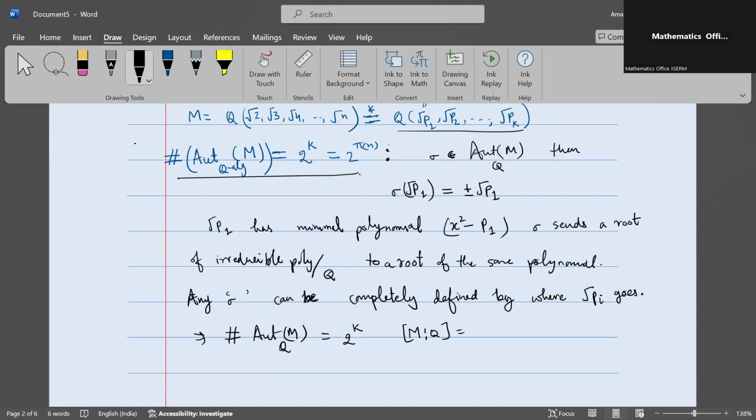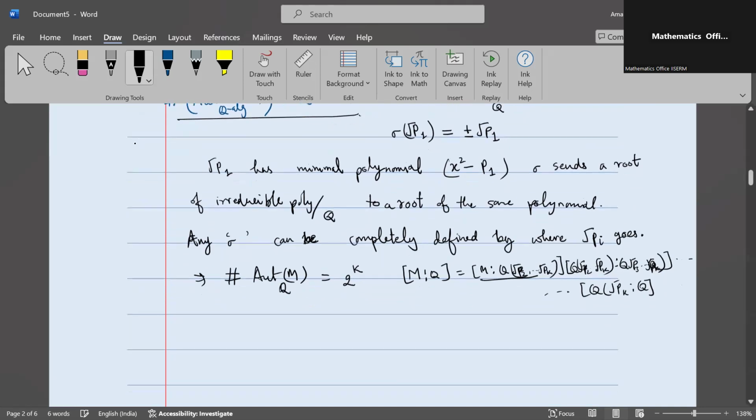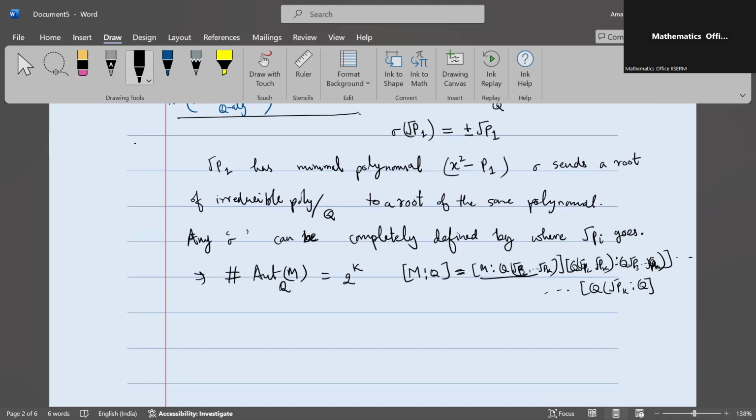By decomposing this way, M is Q(root p1, ..., root pk) over Q(root p2, ..., root pk), over Q(root p3, ..., root pk), and so on up to Q(root pk) over Q. Each of these degrees of extension is two, because p1, p2, ..., pk are different primes.